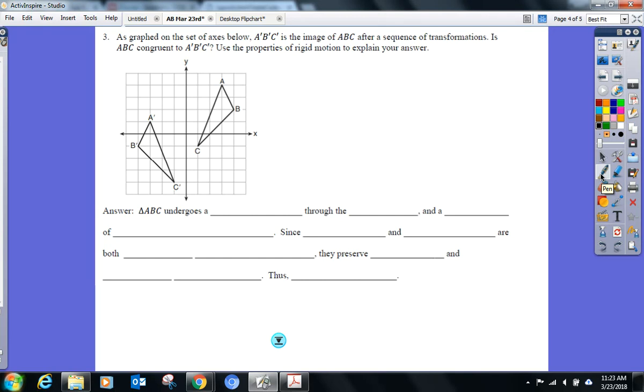Okay, this one's a little bit more difficult because now it's not just one transformation, it's a sequence of transformations, which means 2 of them now. So within your group, within the next 2 minutes, can you figure out how ABC gets to A prime, B prime, C prime in 2 moves? Okay, 2 moves, be specific. If you're going to say a reflection, over what? If you're going to say a rotation, of how many degrees? Okay, so 2 transformations right now.